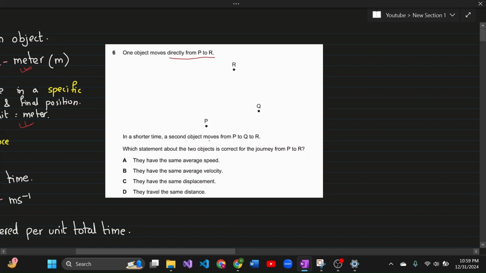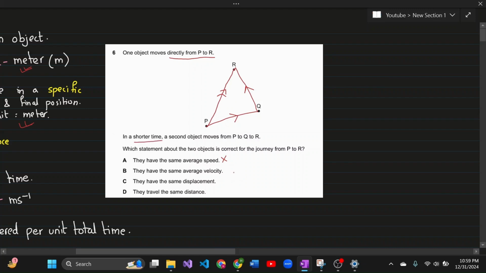A second object moves from P to Q to R. One object is moving from P to R directly, and a second object is moving from P to Q and then to R. Which statement about the two objects is correct for the journey P to R? They have the same average speed? It is not necessary. They have the same average velocity? No, because the second object is coming in a shorter time.